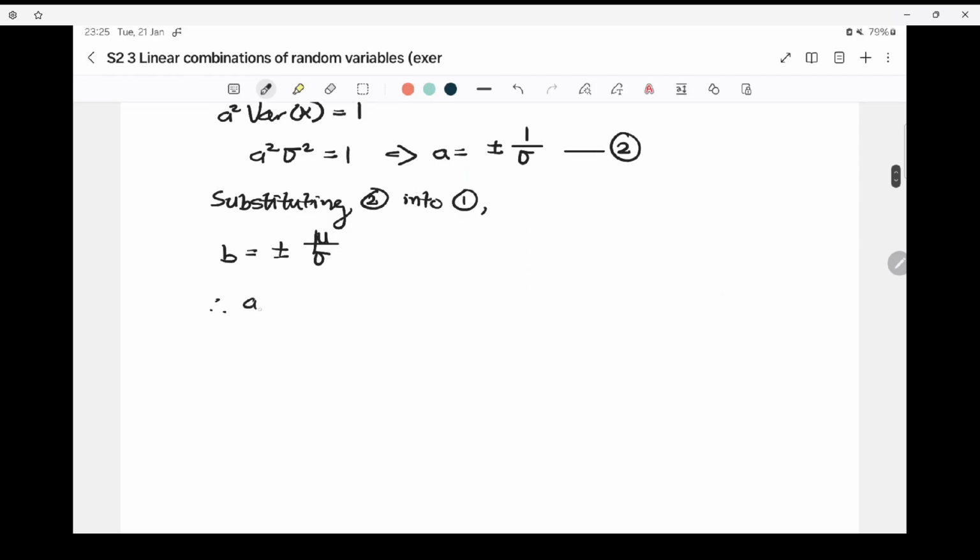Therefore, when a equals 1 over sigma, b equals mu over sigma. When a equals minus 1 over sigma, b is also equal to minus mu over sigma. So these are the two sets of solutions.